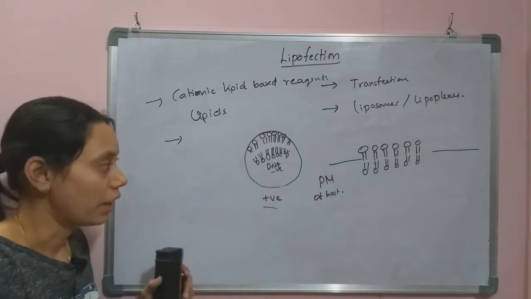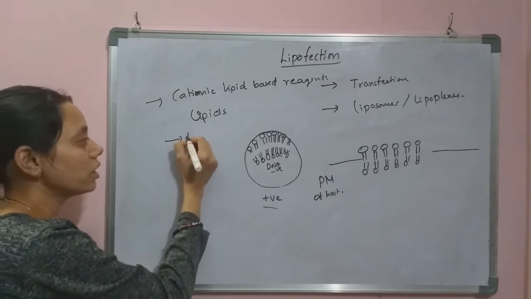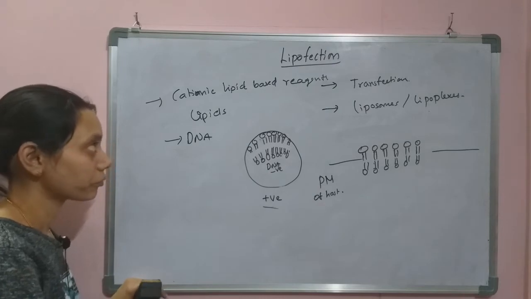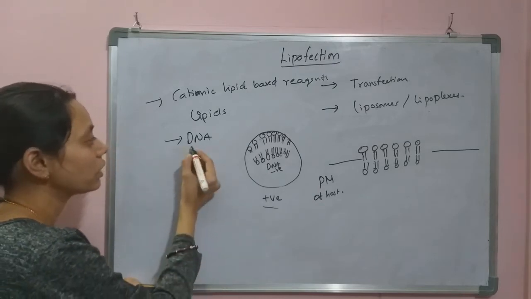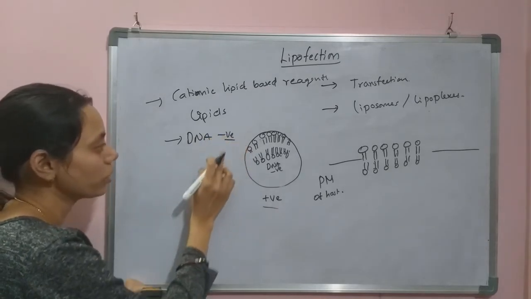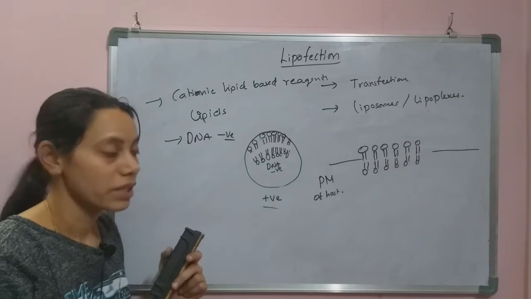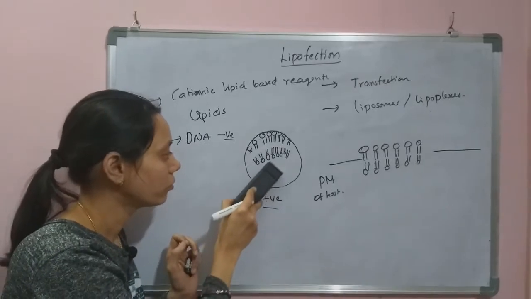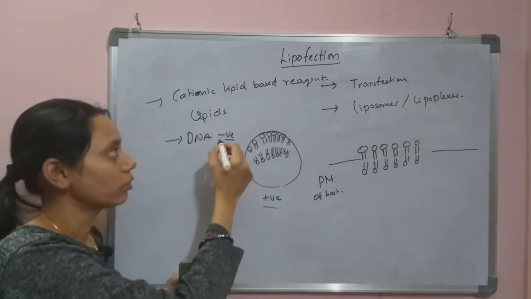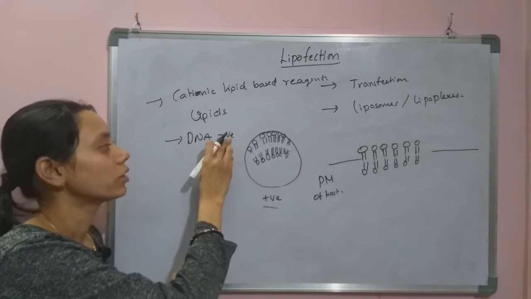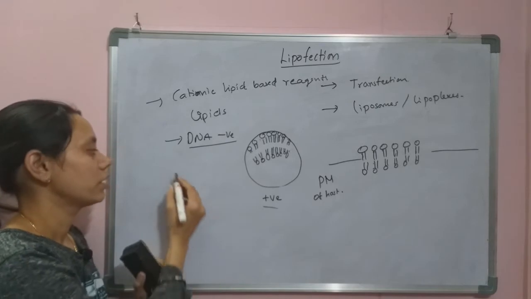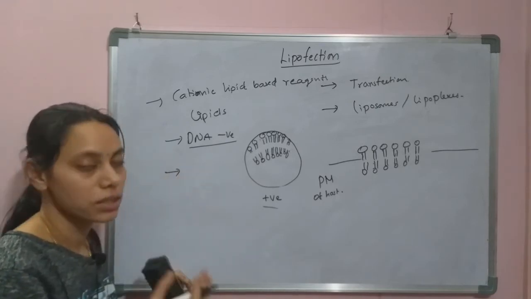Then the DNA will be added to this cationic lipid based reagent mixture, or lipofection mixture. The DNA, which has a negative charge, will be carried by this cationic lipid based vesicle, which easily takes up the DNA and forms a liposome complex.